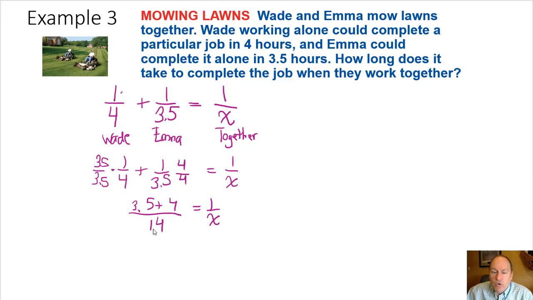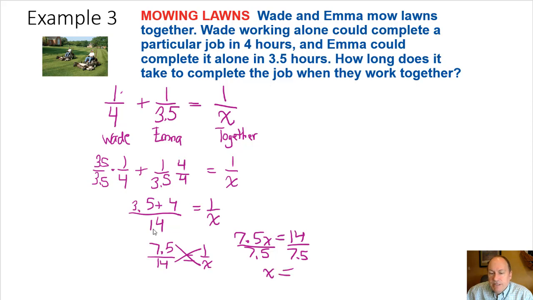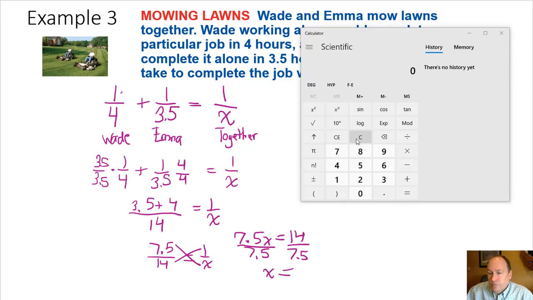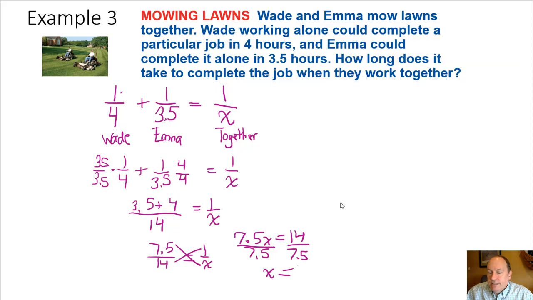So 3.5 plus 4 is 7.5 over 14 equals 1 over x. So what I can actually do now is cross multiply here, get 7.5x equals 14. So together, they can finish the job once I divide by 7.5, in 14 divided by 7.5 hours. So 14 divided by 7.5 is about 1.87. So they can finish it together in about 1.87 hours.